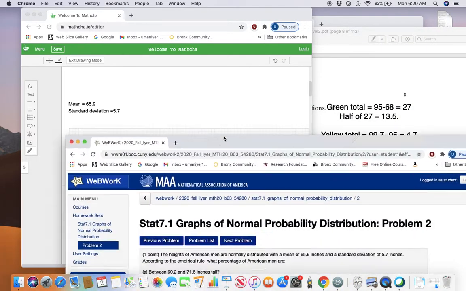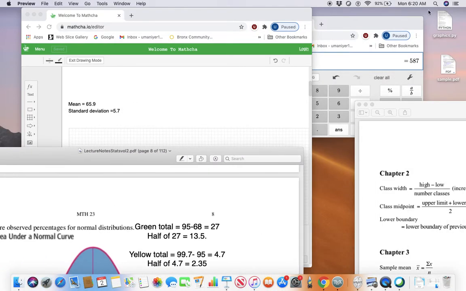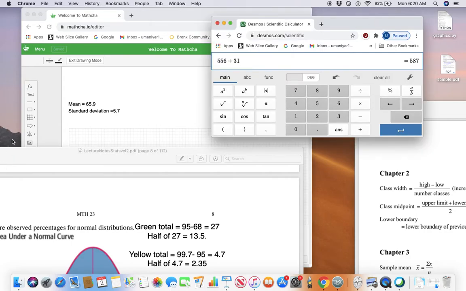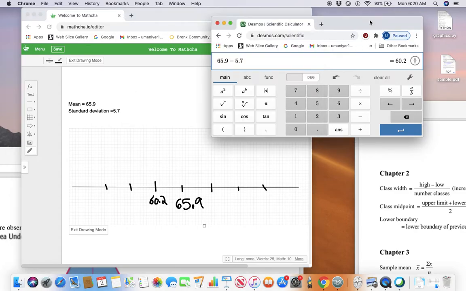So let's use the calculator. Mean minus one standard deviation: 65.9 minus 5.7 is 60.2. So this is one standard deviation less than the mean. If I add, I get 71.6.